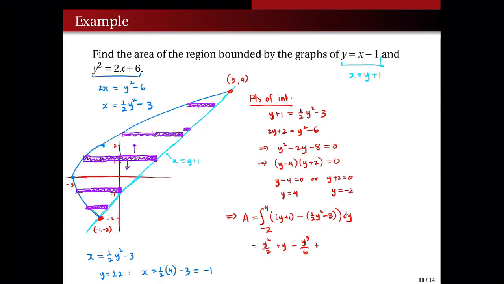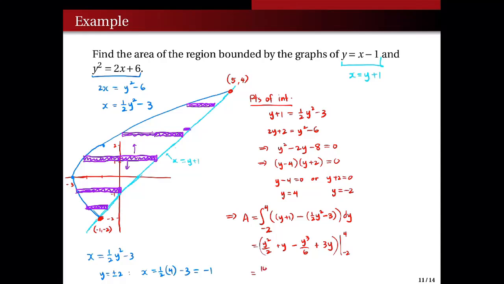And if we integrate that, we'll just get 3y there. And then we evaluate this from -2 up to 4.